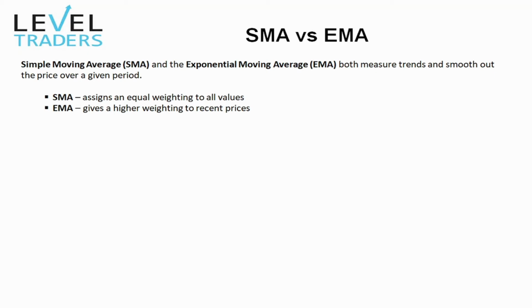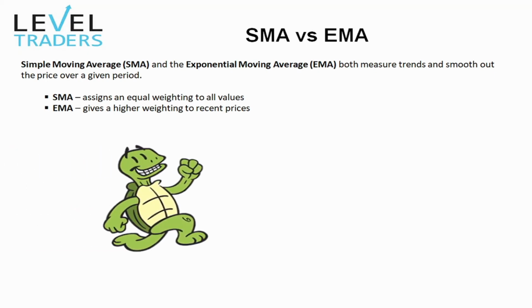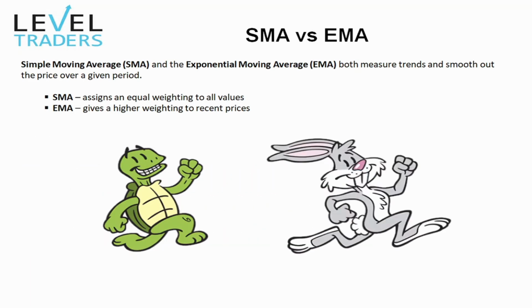Now, what does that mean? So, what that means is EMA will be more reactive to recent data than older data. So it's going to react more to latest price changes than SMAs are. So the way I look at this is you've got the classic example of the hare and the tortoise.